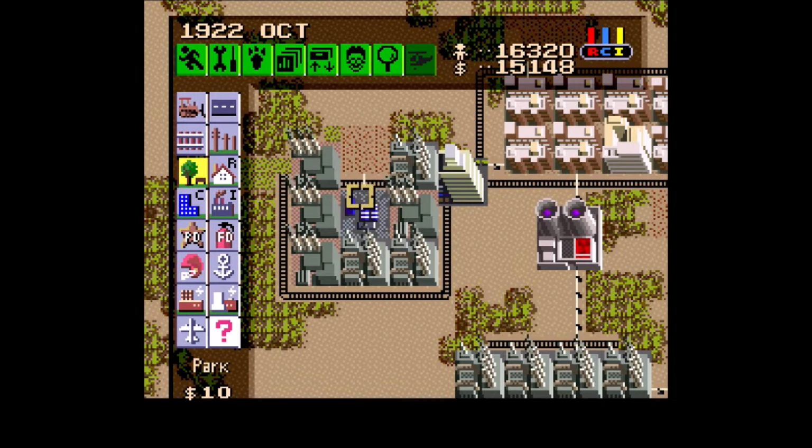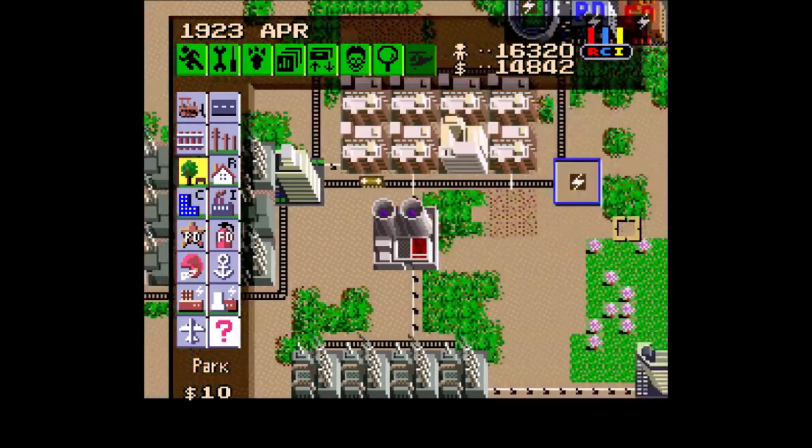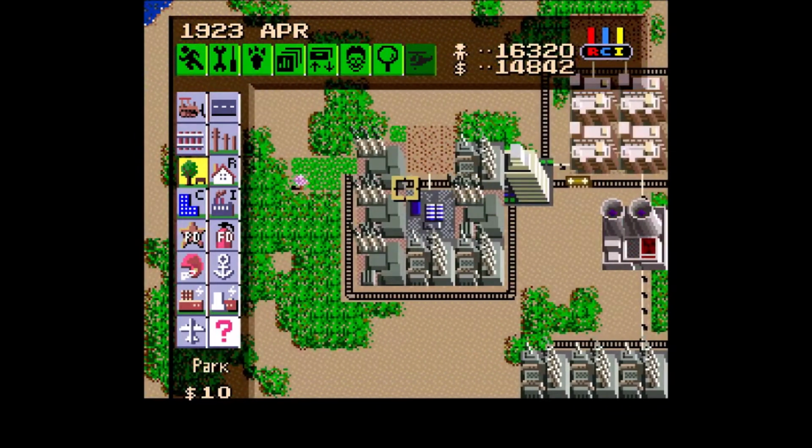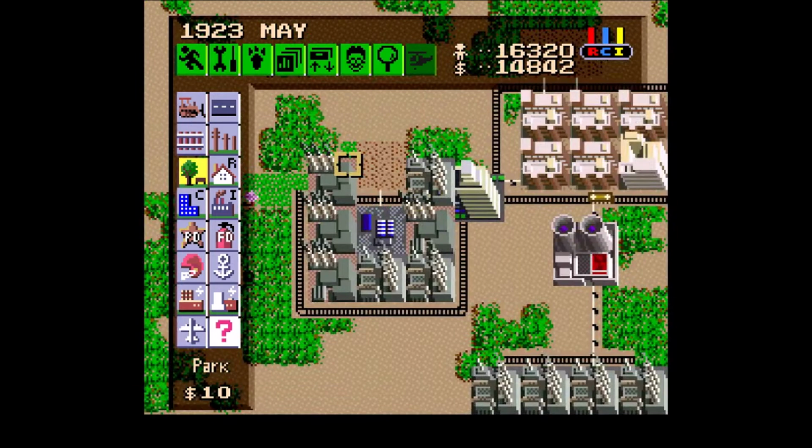This is a C1 low. The reason it's not developing is there's probably high crime, there's pollution surrounding it, and there's no park to help raise the land value.